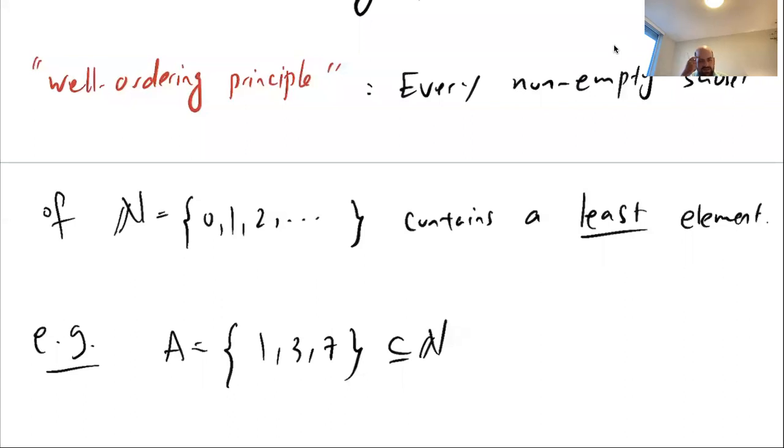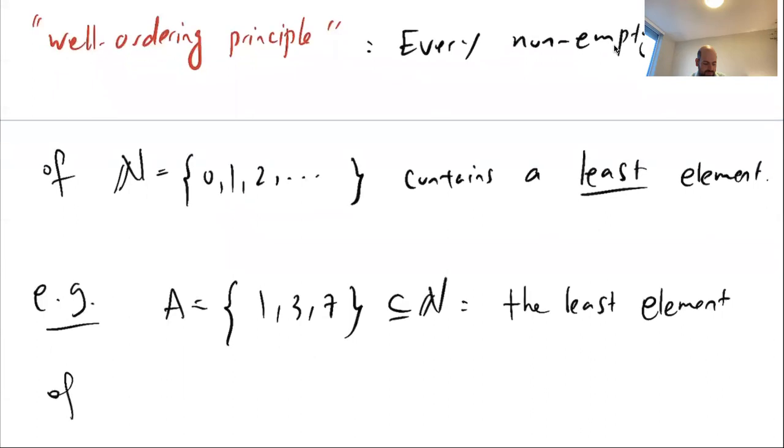Least means smallest. What is the smallest element of this set A? The least element of A is 1, right? So any non-empty subset of N that you consider always has a least element.